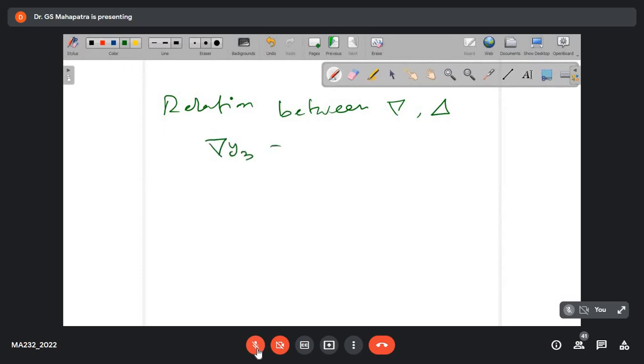Y3, what is the answer in terms of del? Del y2, I have already written that. Now del 2 y2, what will be the answer in terms of nabla? The next one is different: nabla 3 y5, what will it be in terms of delta?